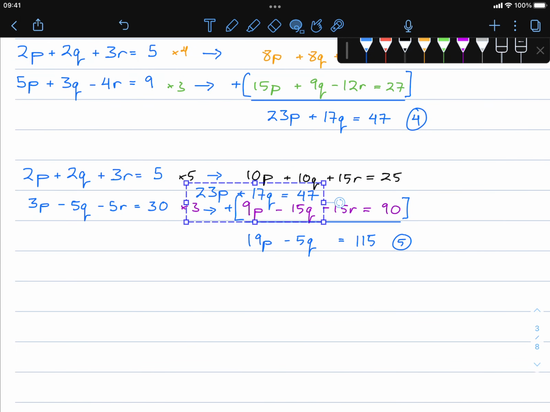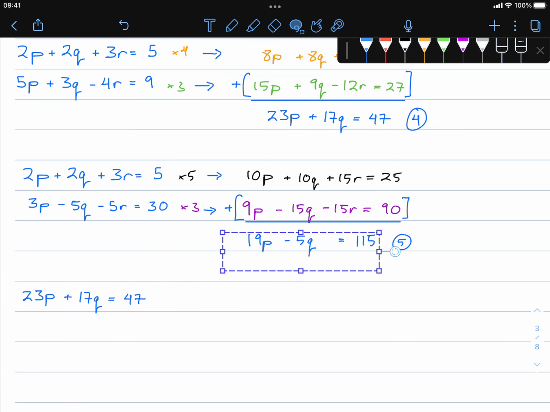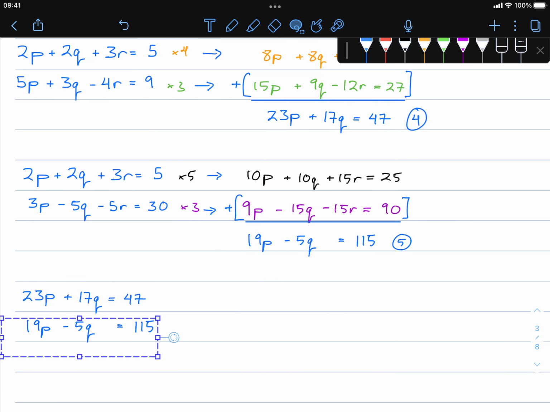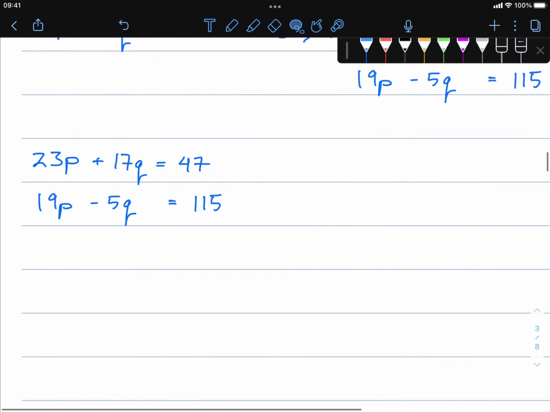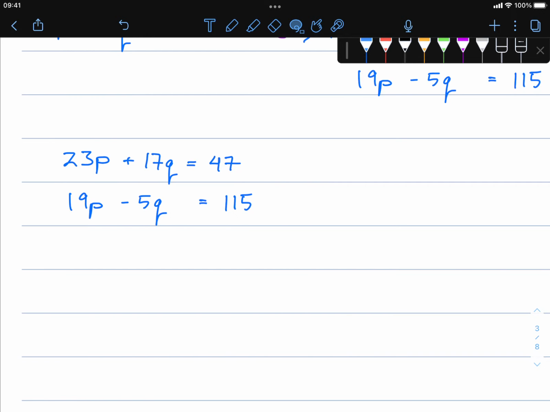We take equation 4 and equation 5, and now we have a system of 2 equations. And now we can eliminate these very simply. Oh, we all have prime numbers here. Let's make this simple. I'm going to multiply this by 5 and multiply this by 17.